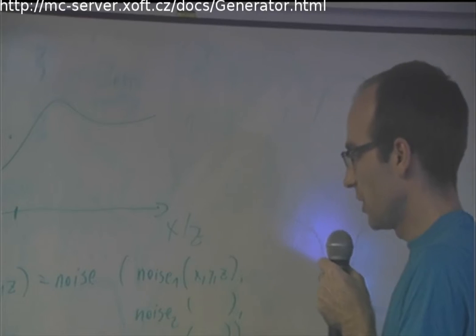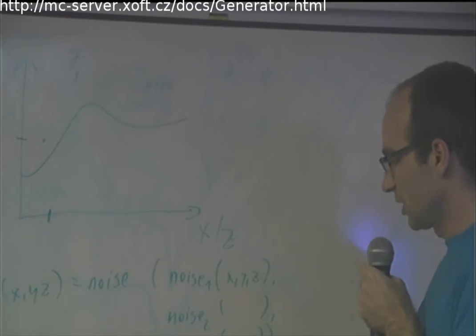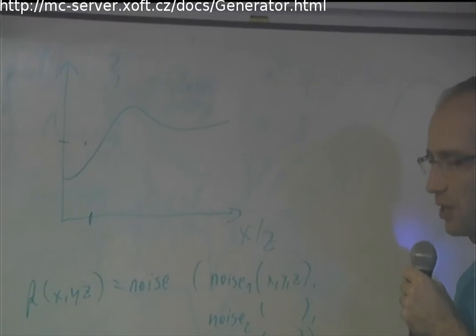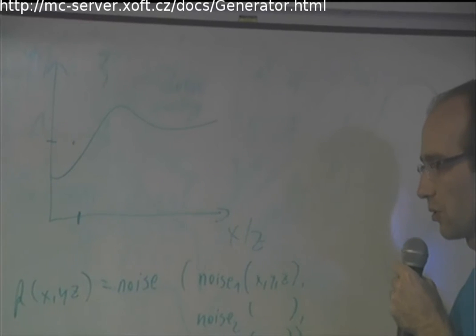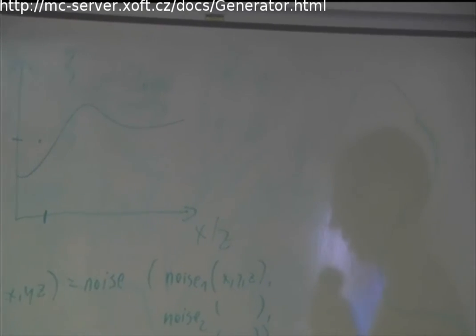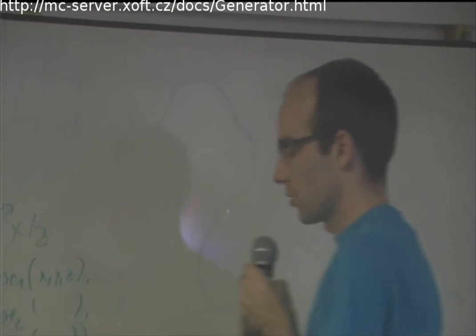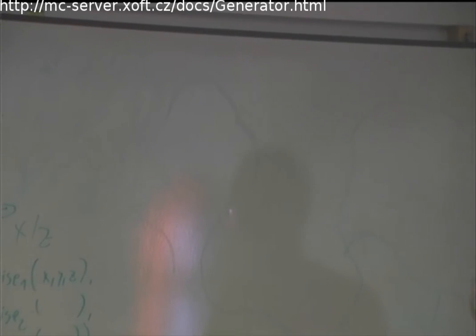So that's basically a lot of noise, and it takes quite a lot of time to calculate all this. So this was a really slow generator, and it didn't work so well. So we had to come up with something a little bit more optimizable.